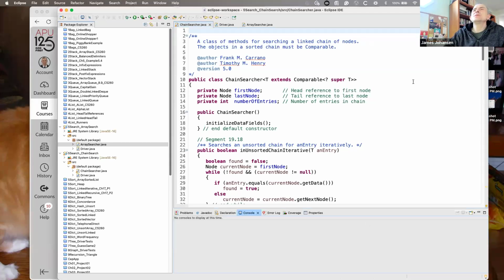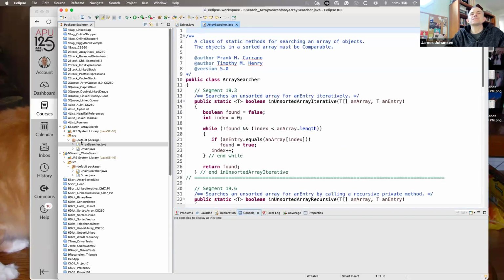So here I have a chain search, and that would be a linked implementation, and then we have an array search. Maybe I'll just try not to make things too difficult. I'll just do one at a time here.